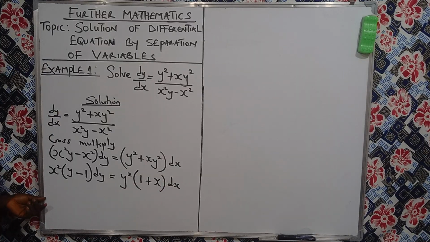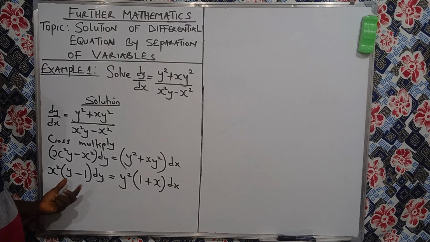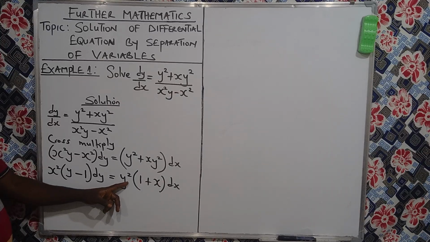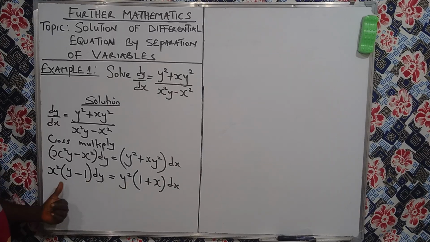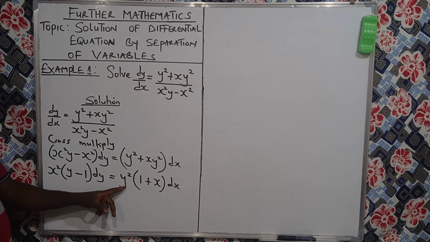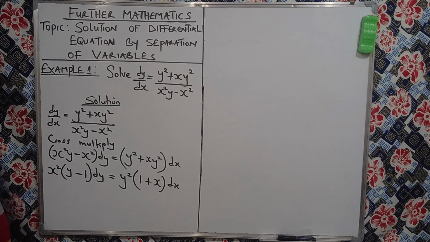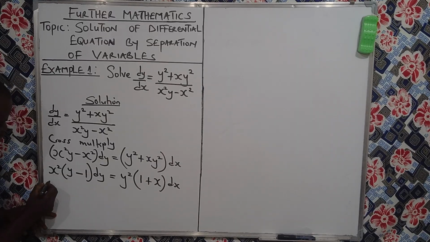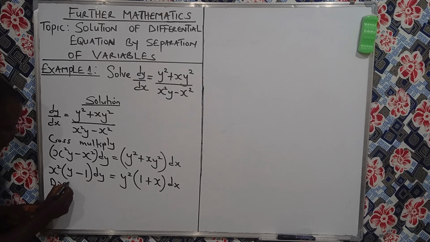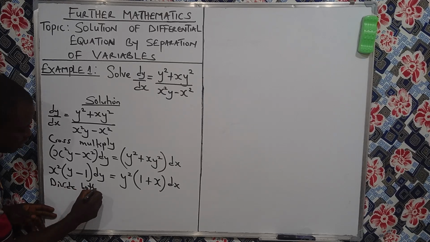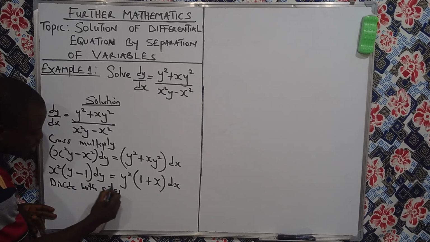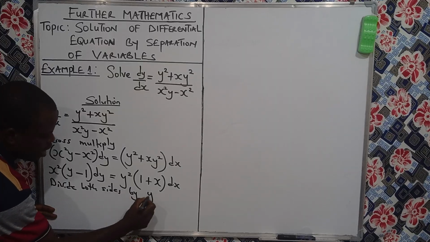The next thing to do, you can see that you're having y squared at the right hand side, but we don't need it. You have to bring it to the left hand side. What will you do? You divide both sides by y squared. That's the first thing. You eliminate y squared. Divide both sides by y squared.